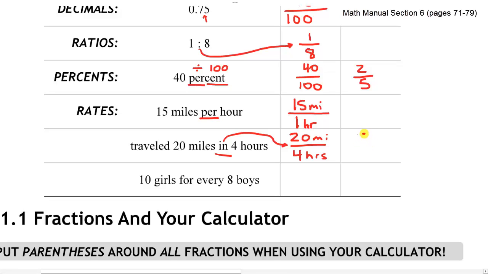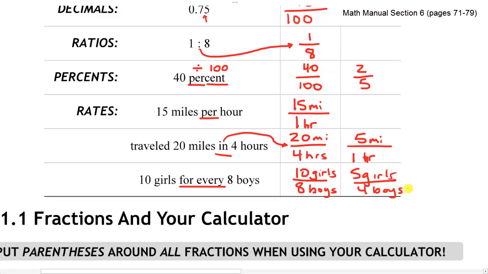This would reduce to 5 miles per 1 hour. And then down here, this phrase for every, that would also convert to a fraction bar. 10 girls for every 8 boys, which would reduce to 5 girls, 4 boys.